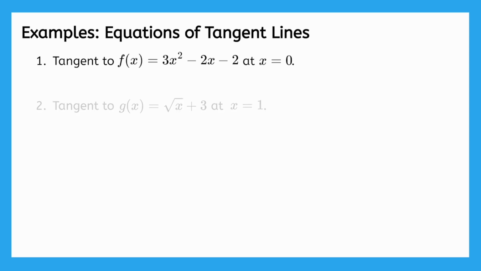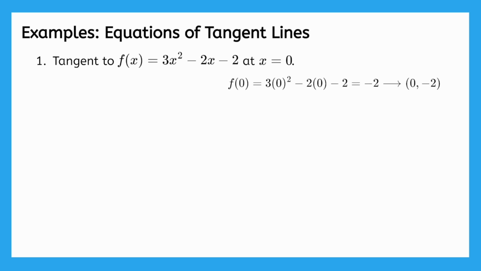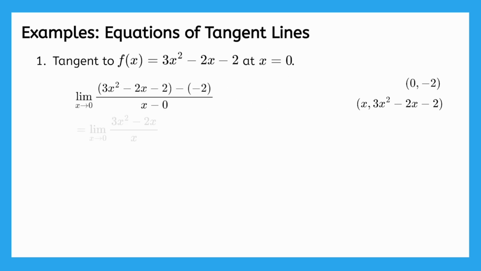For number 1, the first thing we need to do is find the point on the curve at x equals 0. So we'll evaluate f of 0 to get the point (0, -2). Our other point will just be some variable point on the curve. Now we set up the limit of the slope and do a small bit of simplification.